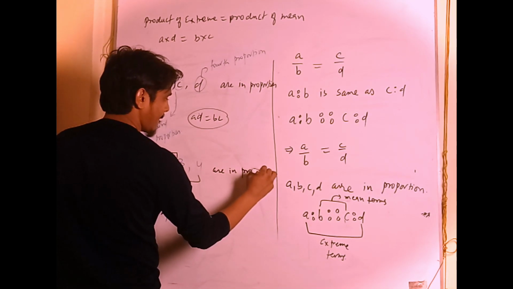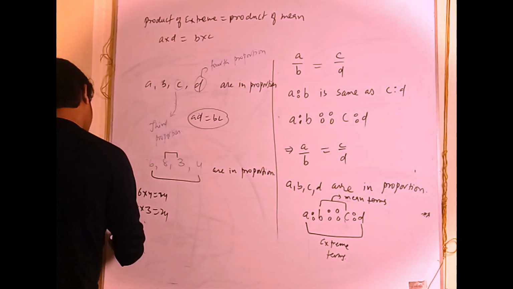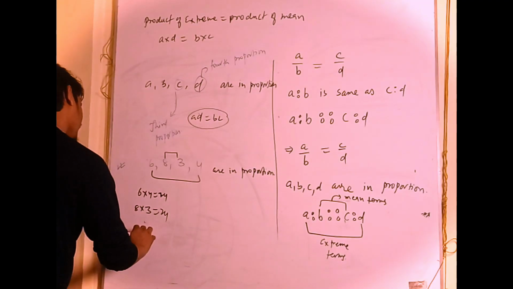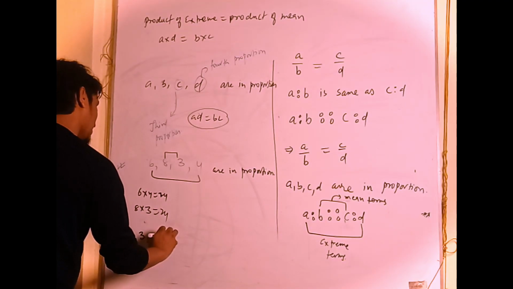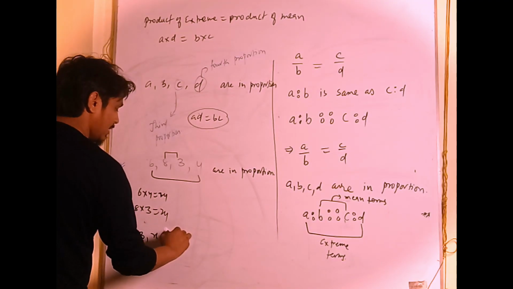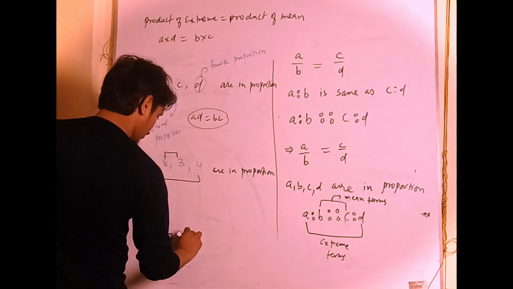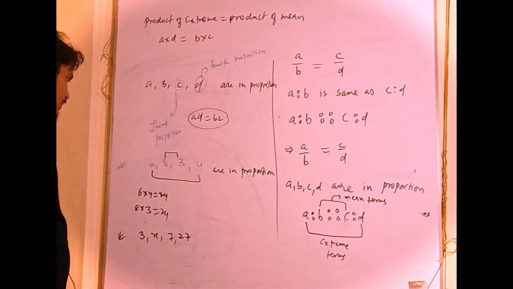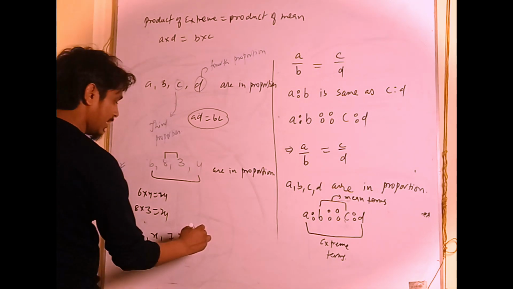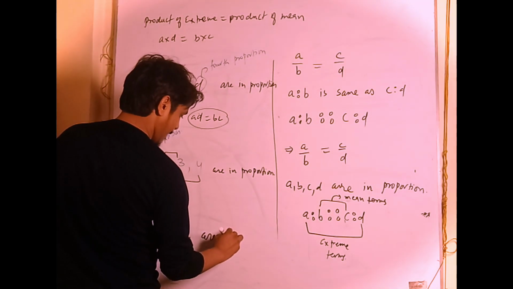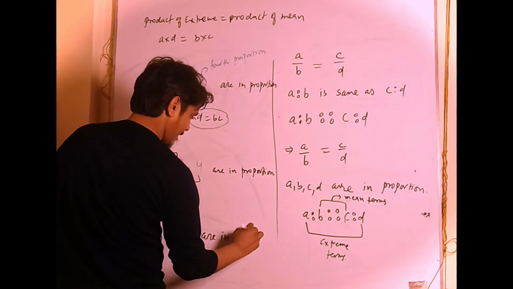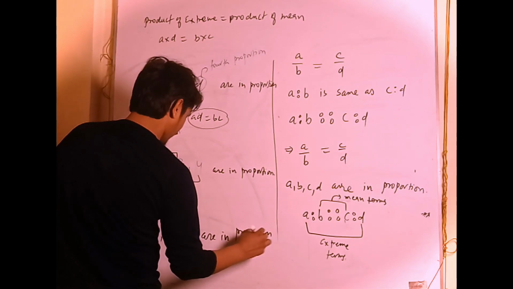Now let's say we have 3, x, 7 and 27 in proportion. Then what is the value of x? How can we find the value of x?